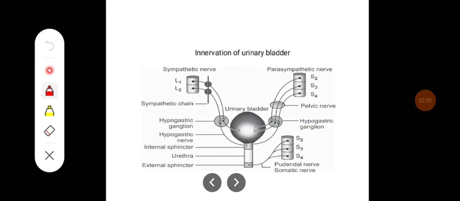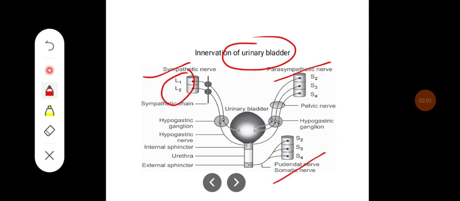So this diagram shows the innervation of the urinary bladder: the sympathetic, parasympathetic, and the somatic innervation. Sympathetic innervation is mainly through the L1 and L2 segments, where they form the hypogastric ganglion. They innervate mainly the detrusor and internal sphincter and cause relaxation of the detrusor and contraction of the internal sphincter.